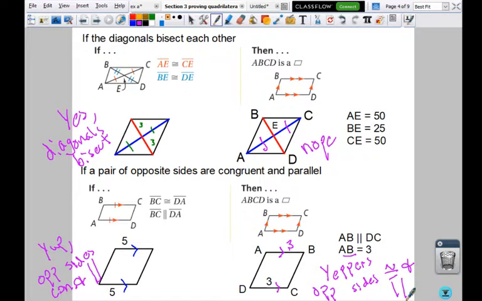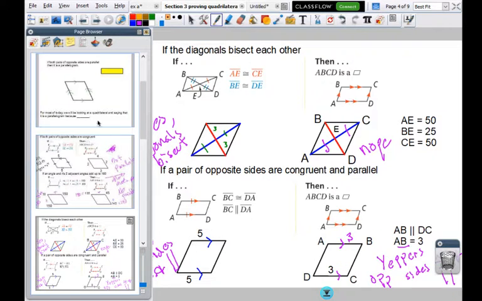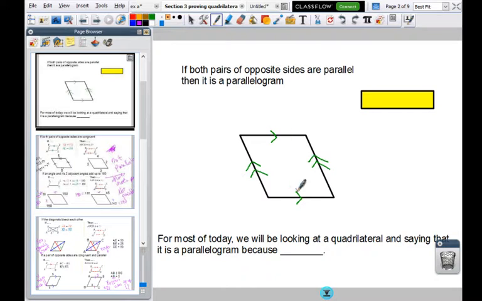So we're just going to practice this a little bit. We're going to look at some quadrilaterals and say, is it a parallelogram? Why or why not? You're going to have to look back and see if it fits one of these. We actually did 5. The really obvious one, if opposite sides are parallel, it's a parallelogram.